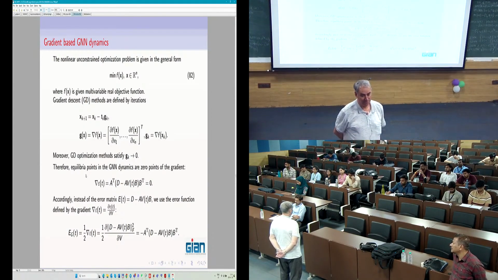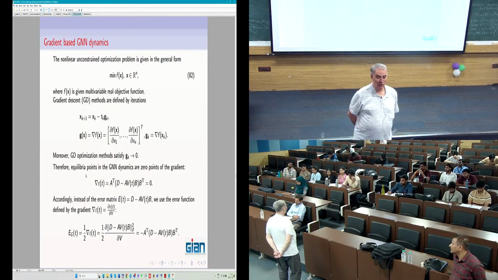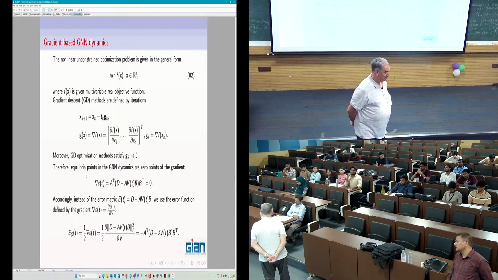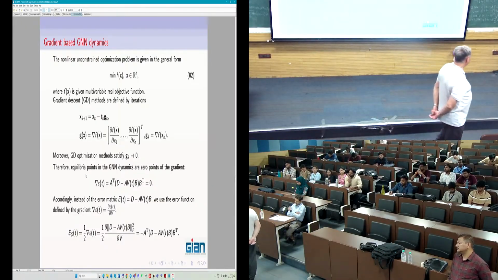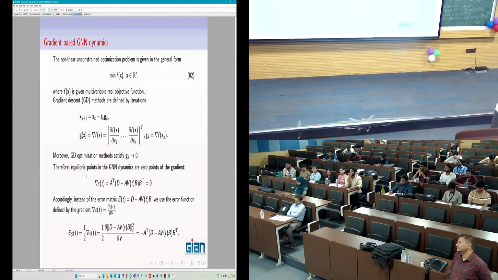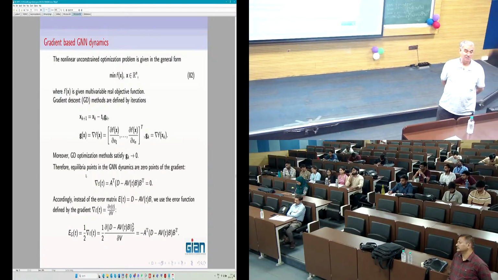It looks difficult. Which kind of optimization problem do we have? One possibility, I didn't think about this so far, is to consider K1 of t and K2 of t, for example.